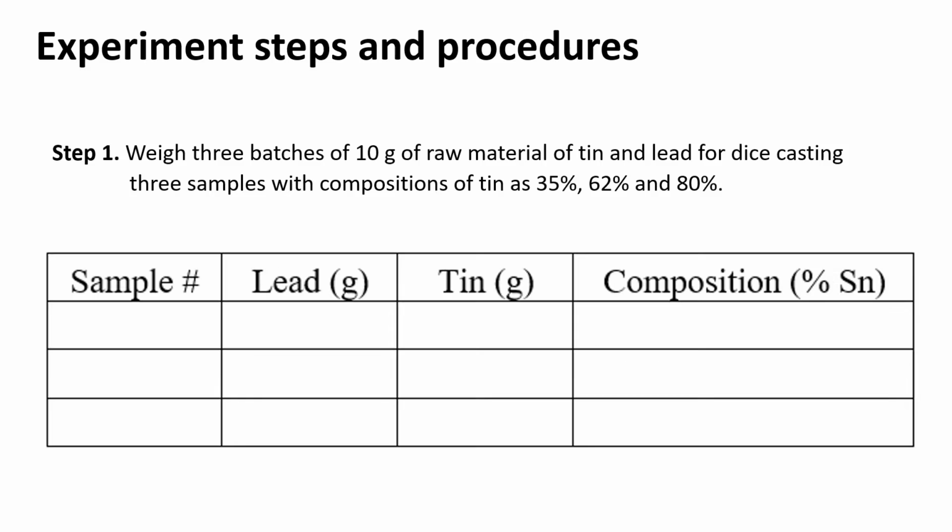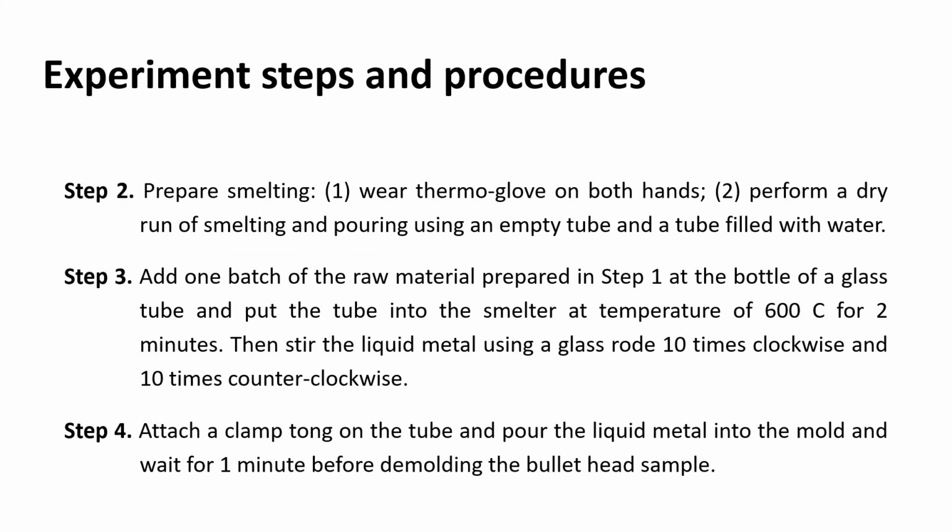Experiment steps and procedures. Our samples for this experiment are 3 batches. Step 1: weigh 3 batches of 10 grams of raw material of tin and lead, for casting 3 samples with compositions of tin at 35%, 62%, and 80%. Step 2 is to prepare smelting.